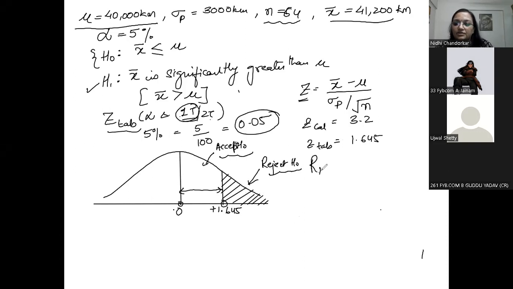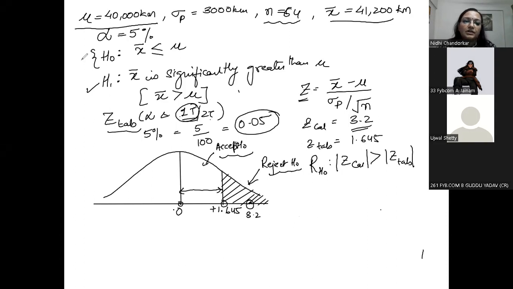In fact, we reject the null hypothesis when the calculated value is higher than the table value, as I've stated earlier also. So in this case, 3.2 will fall somewhere over here, basically in the rejection area. So hence we are going to reject the null hypothesis.